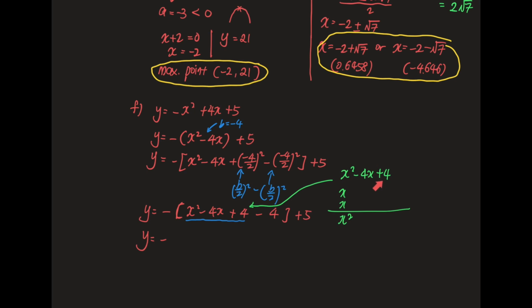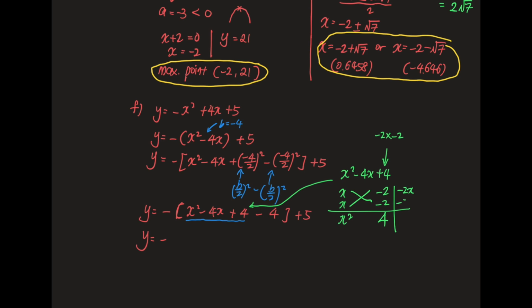Then we think of two numbers that multiply to positive 4 and add up to negative 4. That will be minus 2 times minus 2. Minus 2 times minus 2 is positive 4, and minus 2 plus minus 2 gives minus 4.